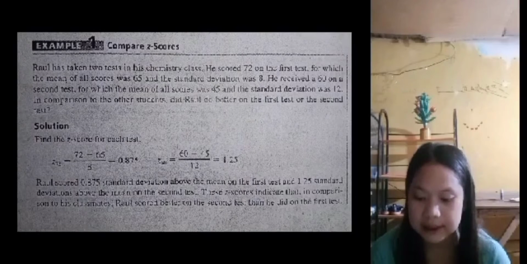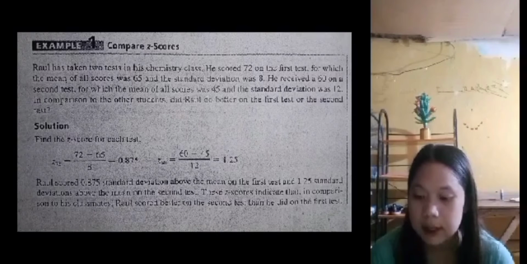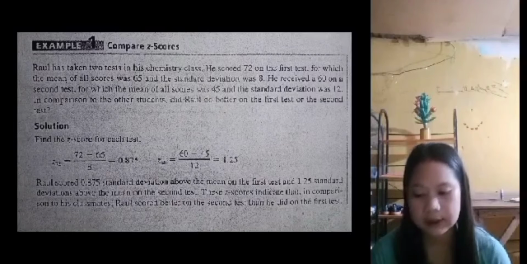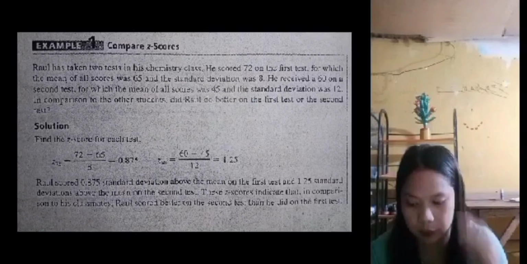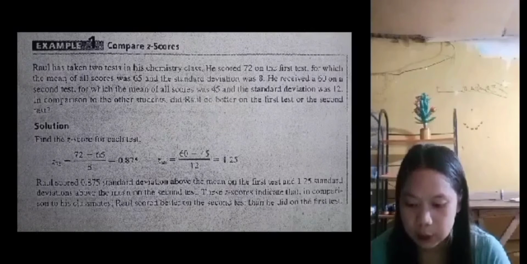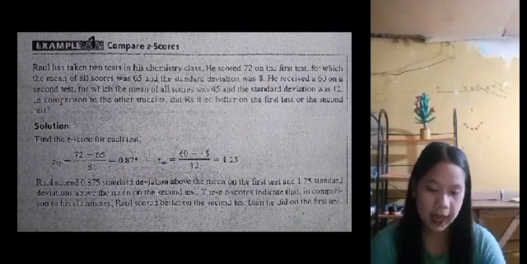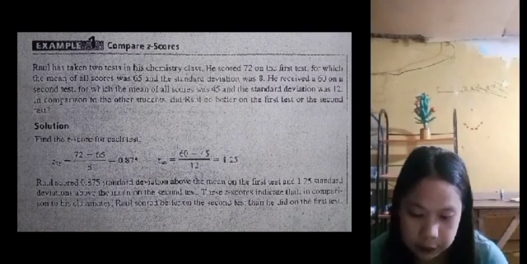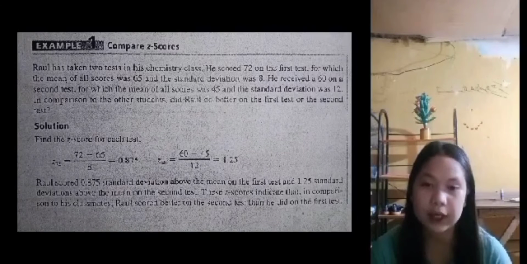So, 72 minus 65 over sa standard deviation. Ang standard deviation po ay 8. So, ganun po, 72 minus 65 over 8. So, i-substitute lang po natin sila. So, 72 minus 65 divided by 8 equals 0.875. So, ang nakuha po ni Raul sa first test ay 0.875. So, ito po yung nakuha niya.